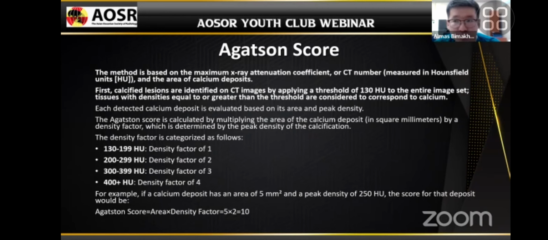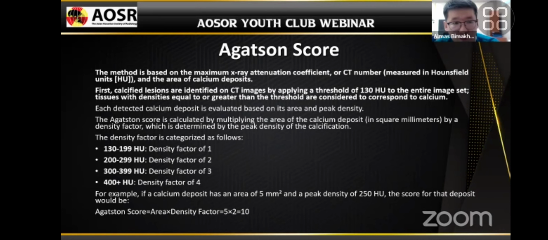So when we are talking about calcium scoring, we need to know about the Agatston score. The method is based on the maximum X-ray attenuation coefficient or CT number measured in Hounsfield units and the area of calcium deposits. First, calcified lesions are identified on CT images by applying a threshold of 130 Hounsfield units to the entire image set.